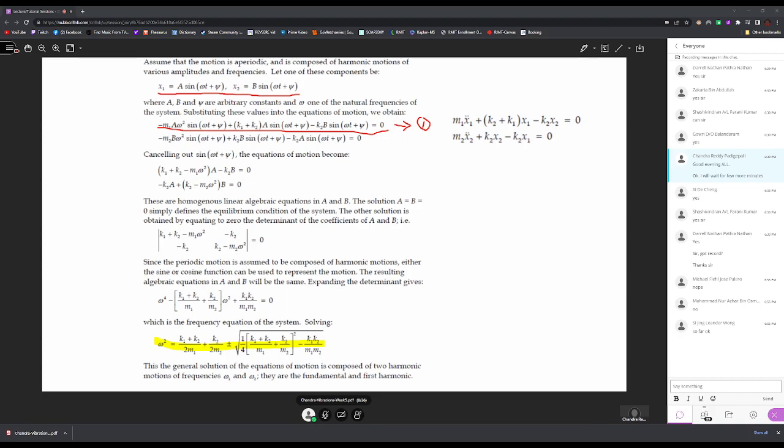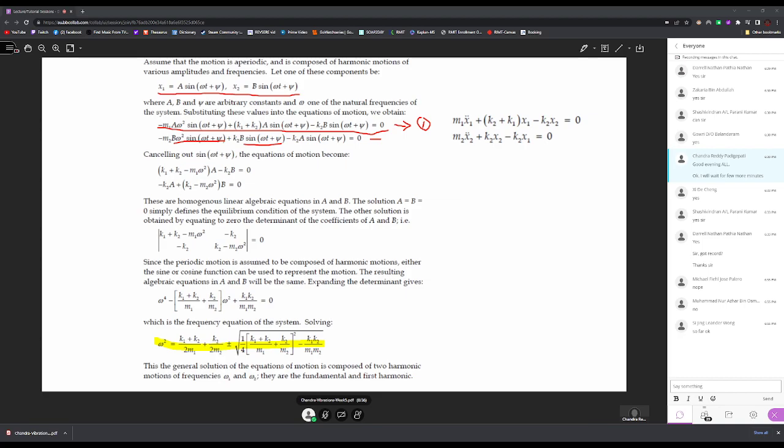Then again, x2 double dot will be negative B omega square into sine omega t plus psi. Then plus K2 into X2, so K2 into B sine omega t plus psi. Then minus K2 into X1, where we write the X1 value as A sine omega t plus phi.